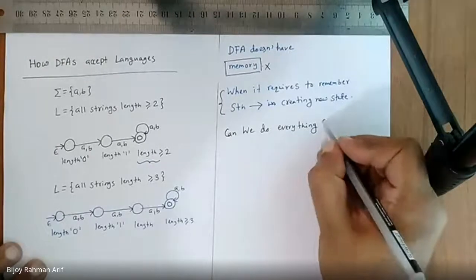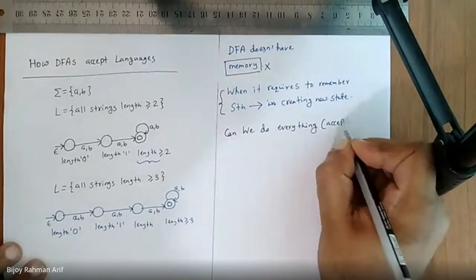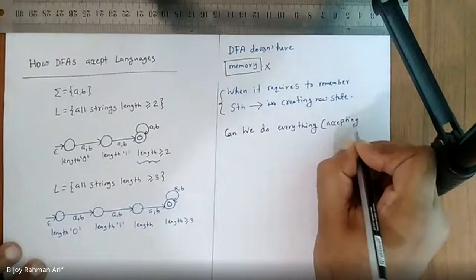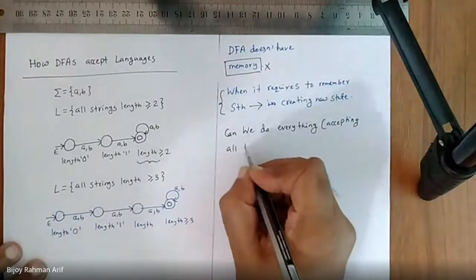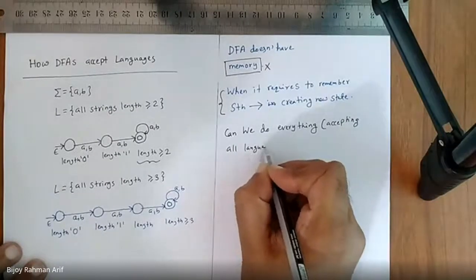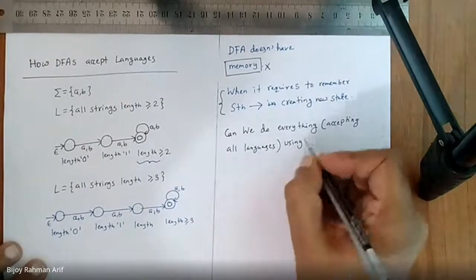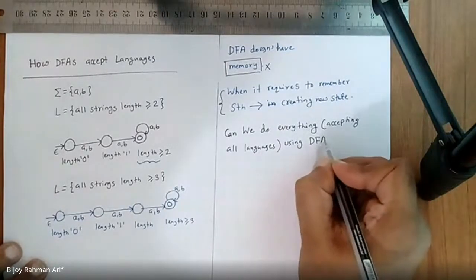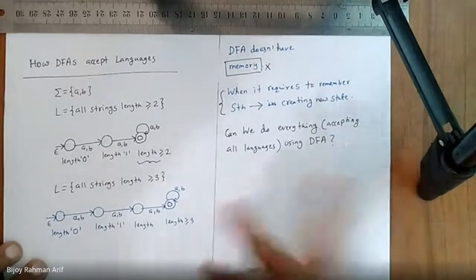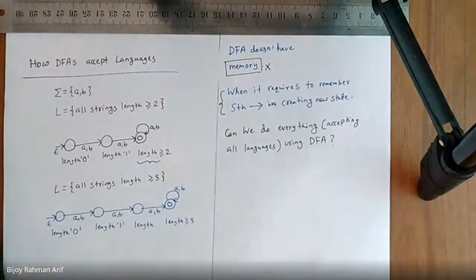Everything means accepting all languages using a DFA. This is the question. Can we do everything? What do you think? Is it possible?